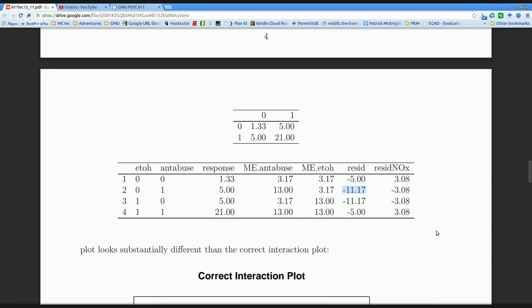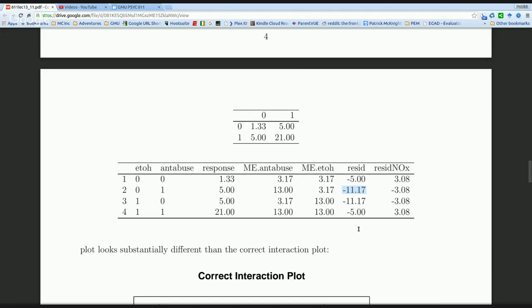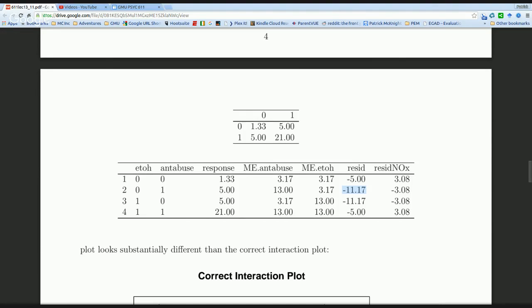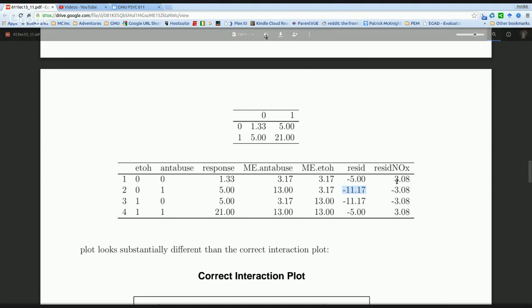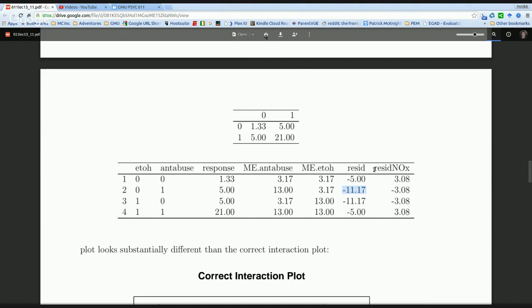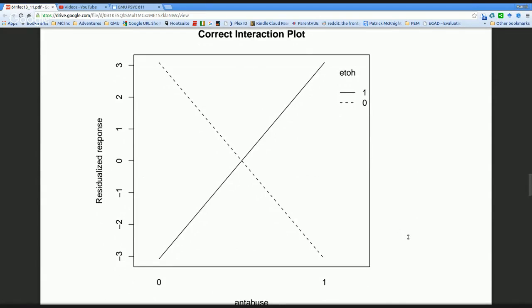The mean just so happens to be 8.8 or 8.9, so it's obviously a little bit of rounding. But what we've got here now is residualized effects with none of the mean effect in here. And this residualized, with no grand mean, is this interaction plot. And this is the correct interaction plot.